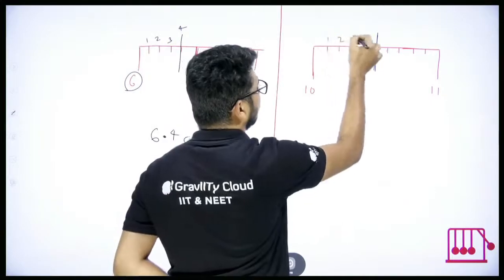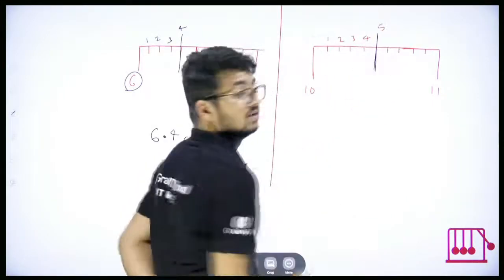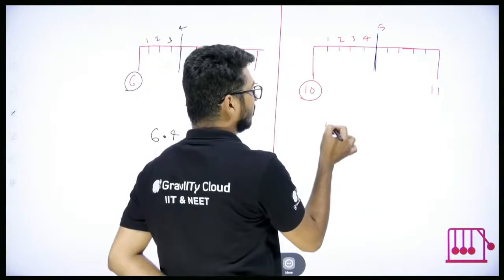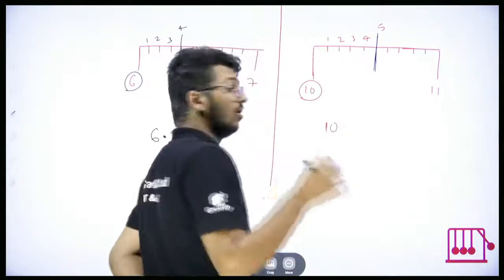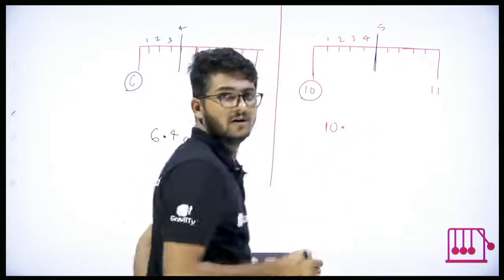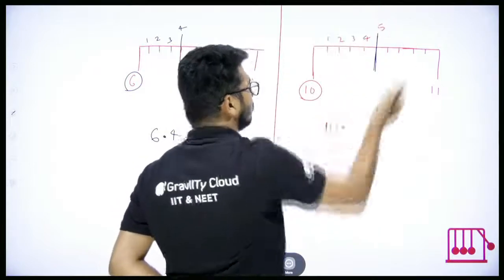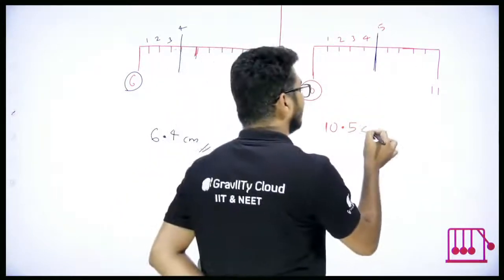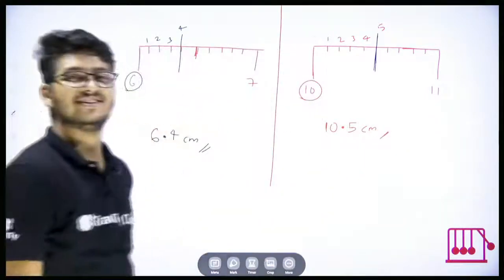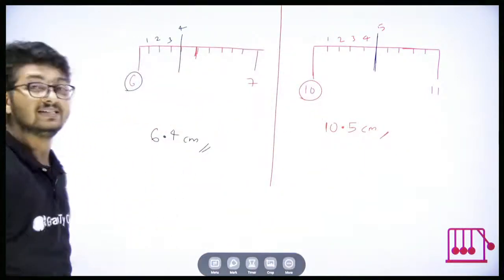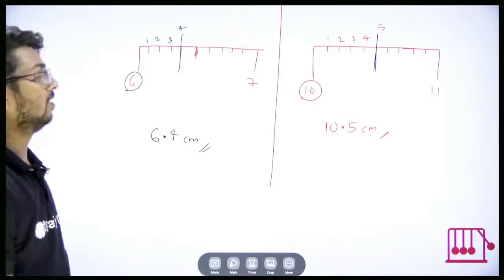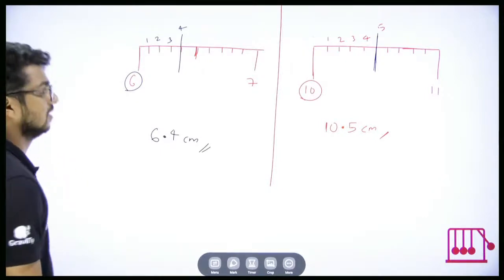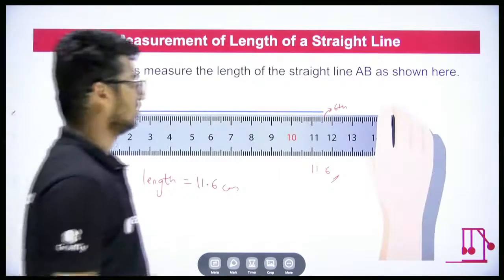After that 1, 2, 3, 4, 5. At the left you have 10. So 10. Then you draw a point, a dot. Then after that you count it. 1, 2, 3, 4, 5. So 10.5 centimeter. That's how easy it is. 10.5 centimeter. Understood? Okay, so you understood that.